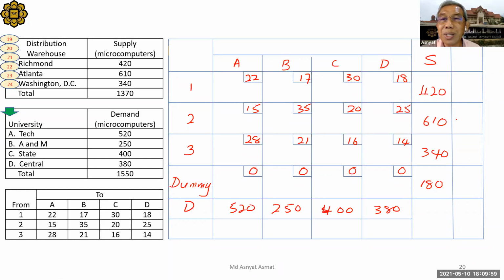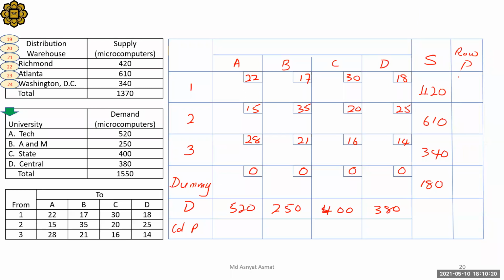Let's calculate the row penalty, and here the column penalty.